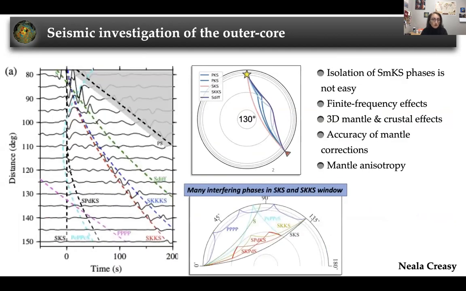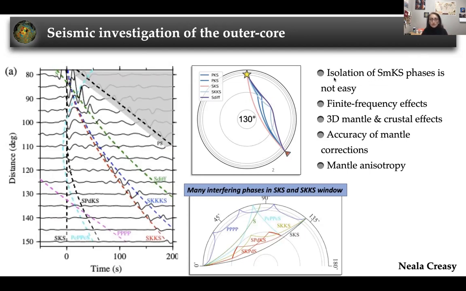So what are the potential challenges to image the Earth's outer core? Earth's outer core has a layered structure, which makes it important to have a more accurate structure of the first 400, 500 kilometers of the outer core, because that is controlled by the geodynamical processes, and which would give us lots of insight on the generation of Earth's magnetic field.